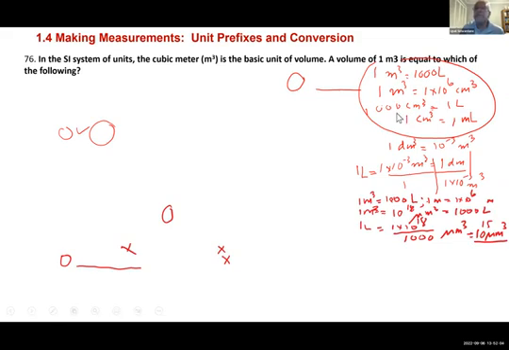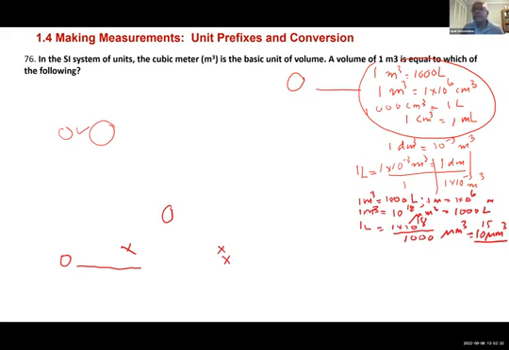1,000 cubic centimeters is equal to 1 liter. 1,000 cubic centimeters, same as 1,000 milliliters, is equal to a liter. Do you remember that from your previous classes? 1,000 milliliters is equal to a liter. So these are the common things you should remember.